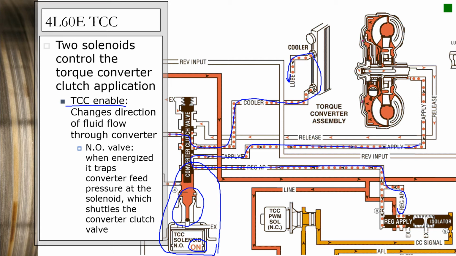The apply passage is going to be between the converter hub and the stator support shaft. So if I'm entering fluid on the turbine side of the converter piston, I'll drift that piston over and cause the piston to make contact with the cover, like it is right there, and it'll apply the converter piston. When I'm in the release mode, fluid will go through the center of the input shaft and it'll push the piston away as it feeds the converter with fluid.